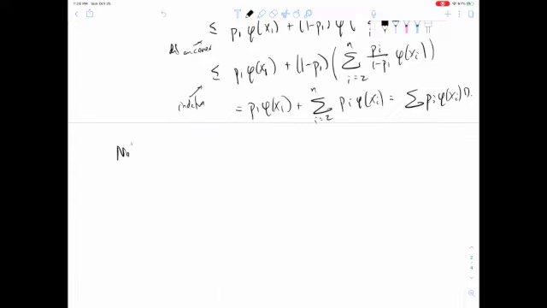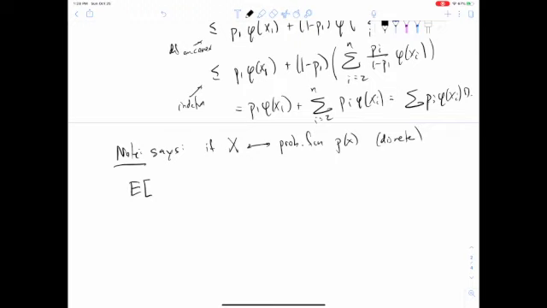So note, this says exactly that if I have some random variable x given by the probability function p of x, some discrete random variable, say finite, then the expected value of x, applying phi to that, what is that?